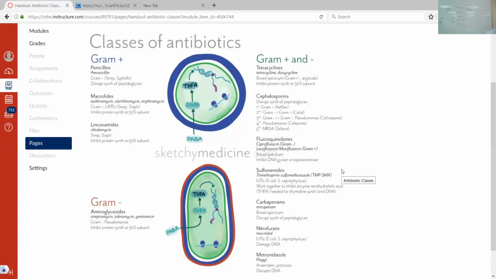We have, again, erythromycin itself is of a fungal origin, and we have some similar drugs that you know these as macrolides.